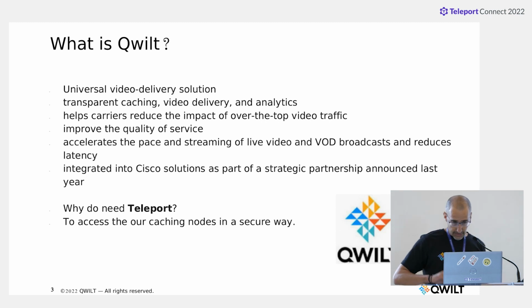Okay, so I finished with Qwilt, and now I will go to the Teleport area. So why do we need Teleport? In order to access all our caching nodes in a secure way.